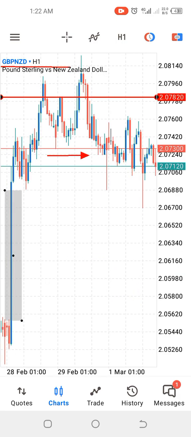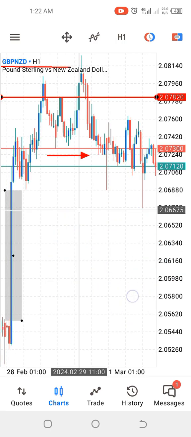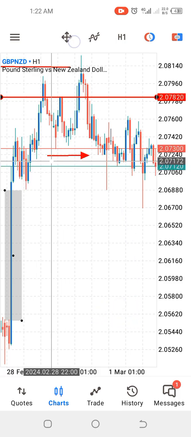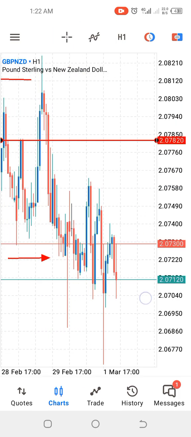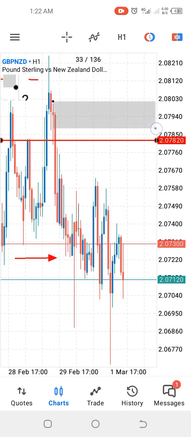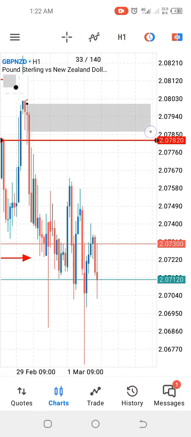So now we have a push of price breaking the highs and breaking the lows. So what is expected of price? Price will definitely come back to look for a very good zone where it can reverse from, or where it can sell from.